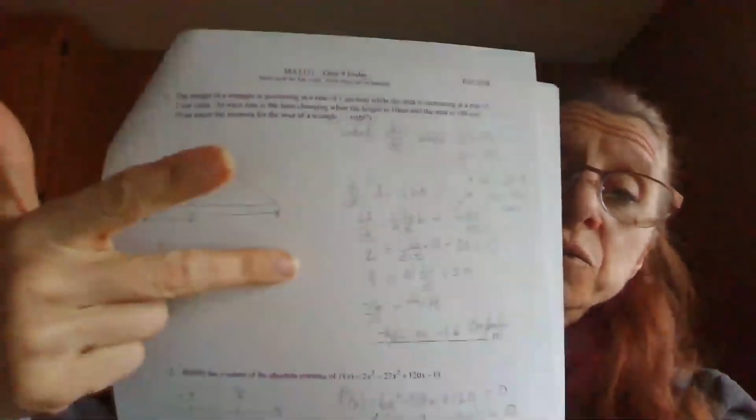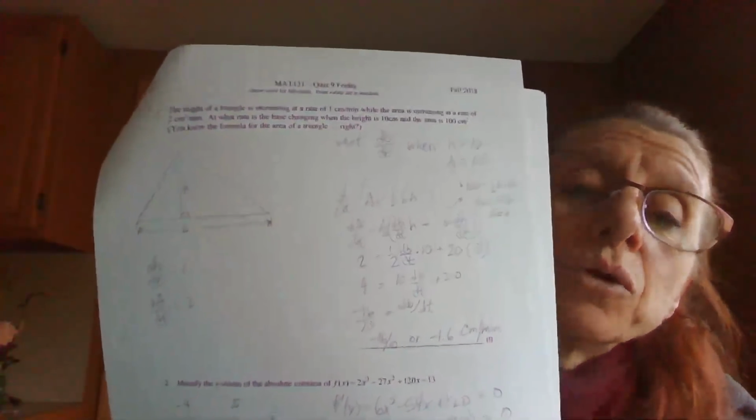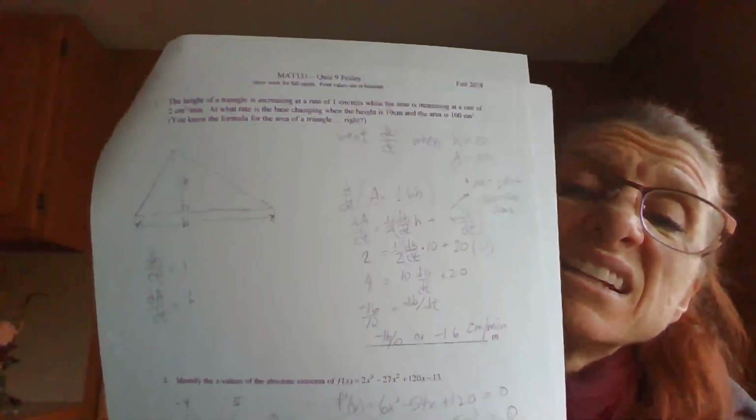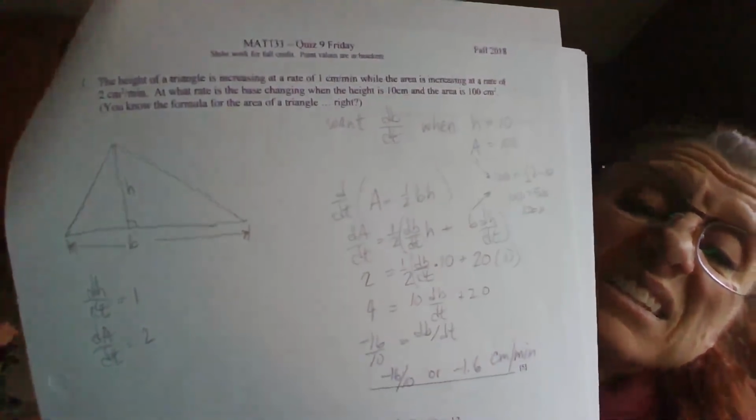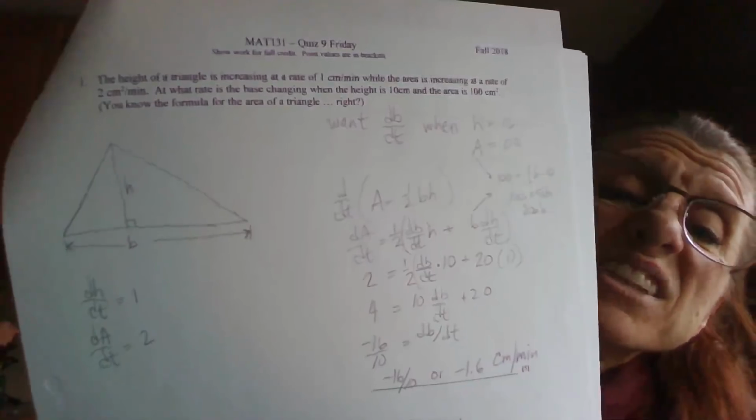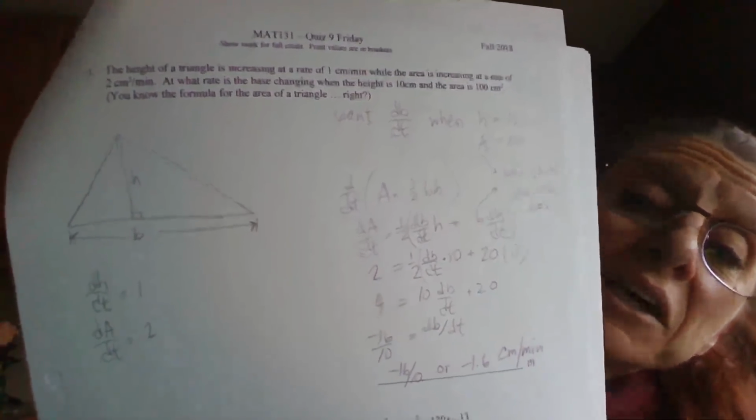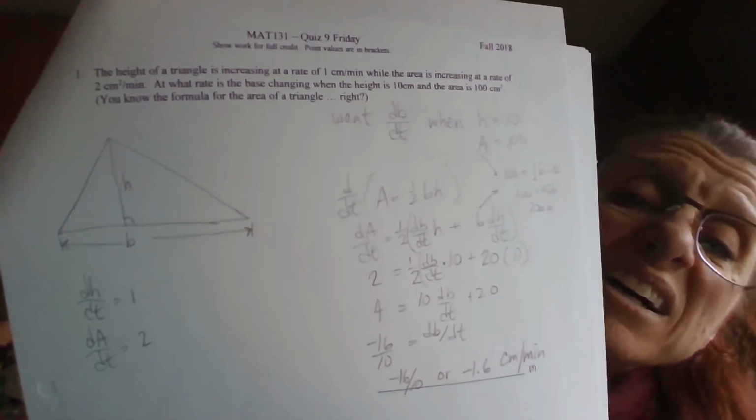All right, now for the second one, being the first one, let me just read the question so I can tell you what we're actually doing here. I can't read it like that, I'm sorry.